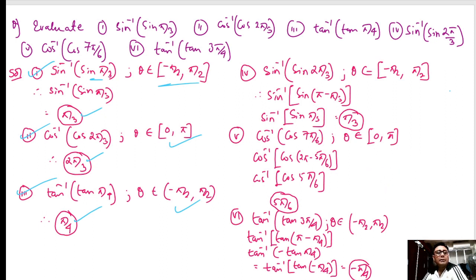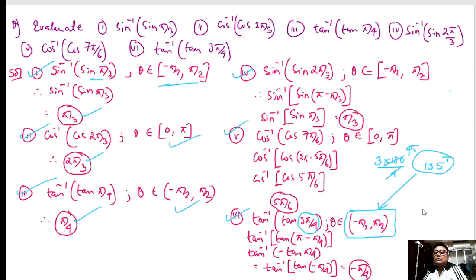So let's see the next sum. Tan inverse tan 3 pi by 4, and we know it should lie between minus pi by 2 to pi by 2. Theta should lie between this. This is coming 3 pi by 4, which is 135 degrees, not between this and this, so I have to do pi minus pi by 4.